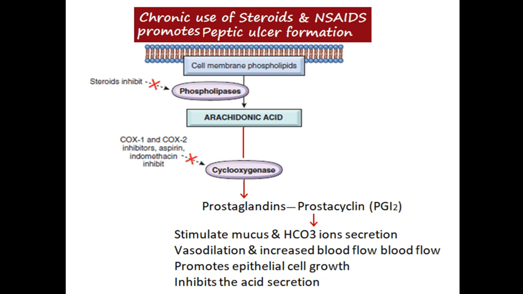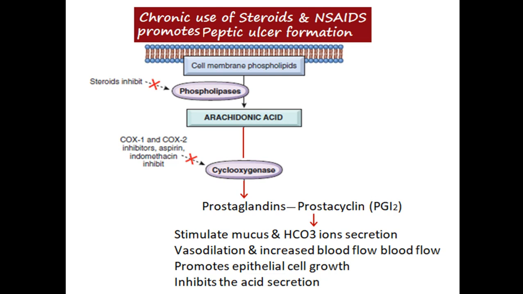This increased blood flow in the stomach provides excess bicarbonate ions that neutralize the acid, and moreover the acid that passes into the blood is rapidly washed away by the quick venous drainage.